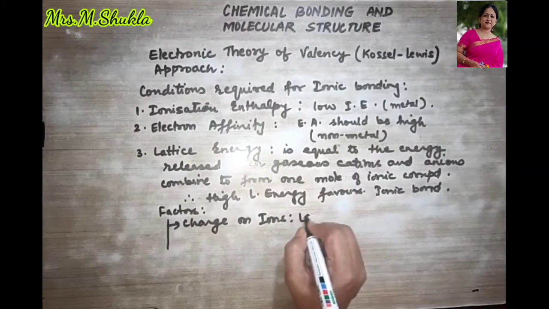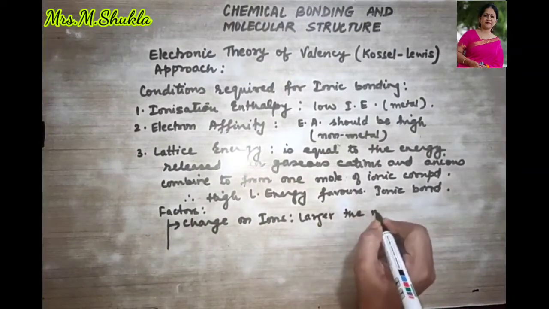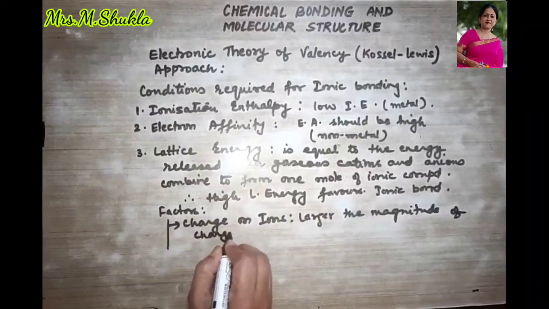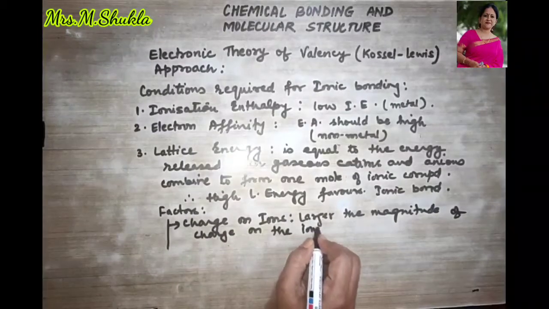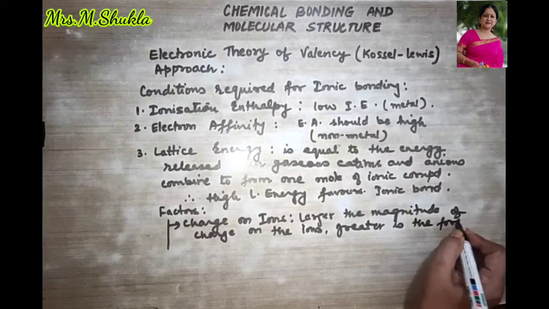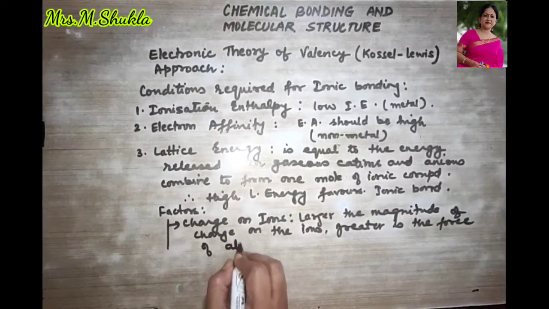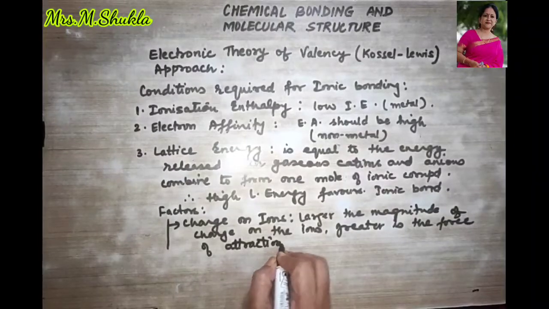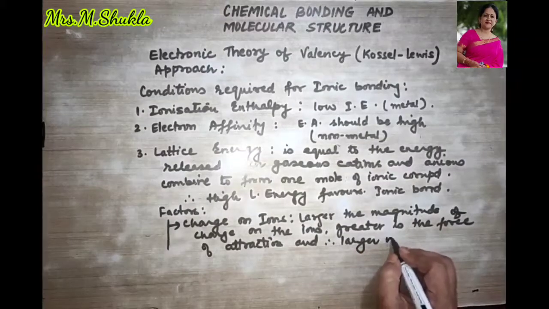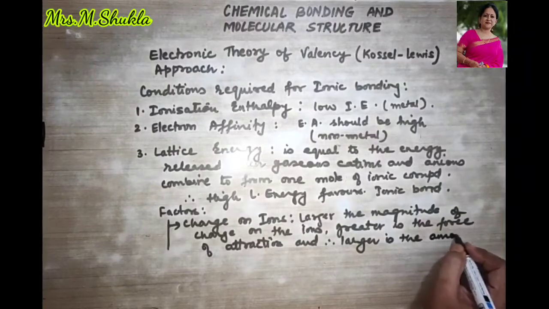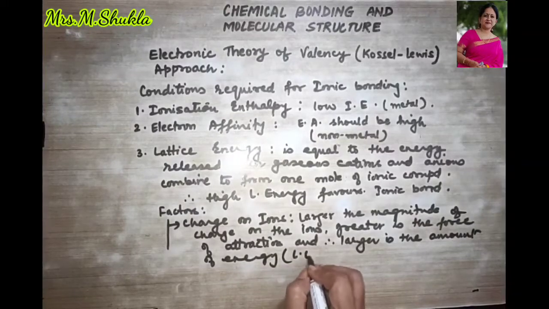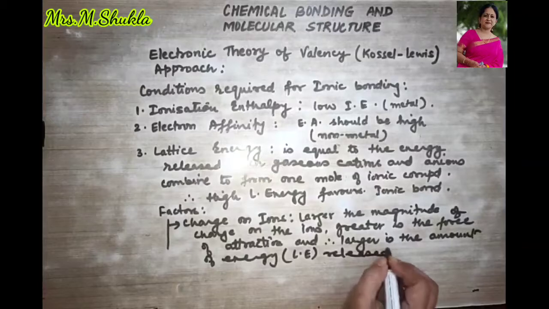What did I say? That larger the magnitude of charge on the ions, greater is the force of attraction, and therefore larger is the amount of energy, or what you call lattice energy, released.